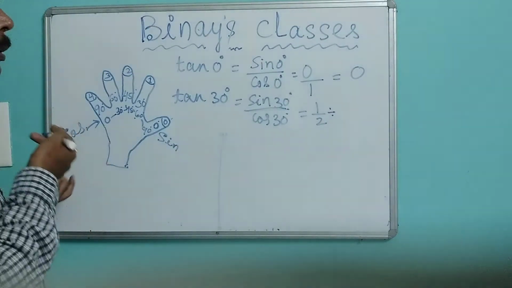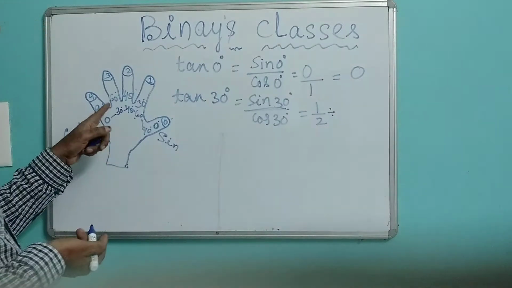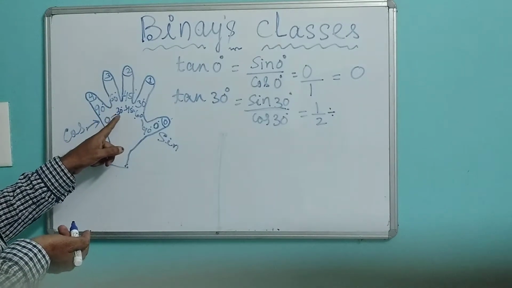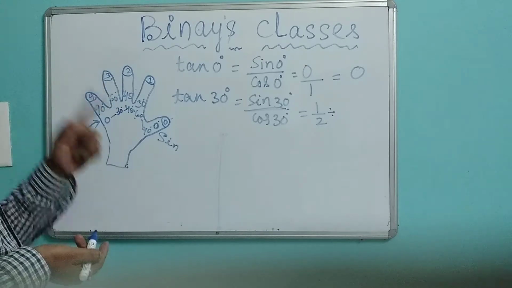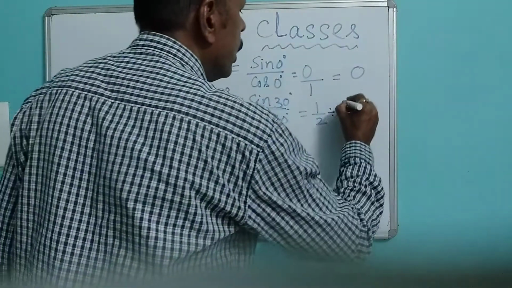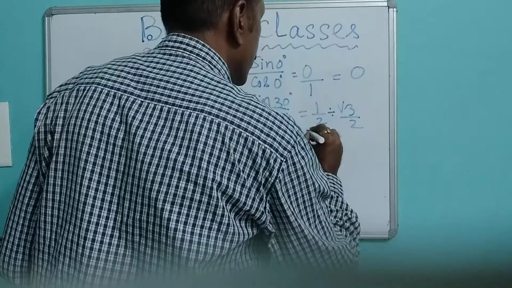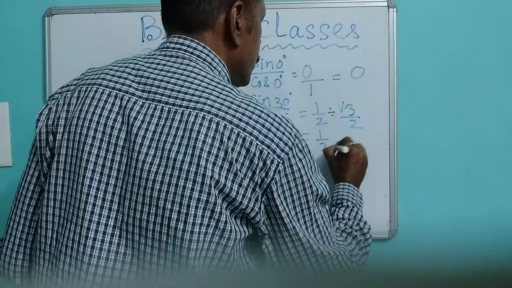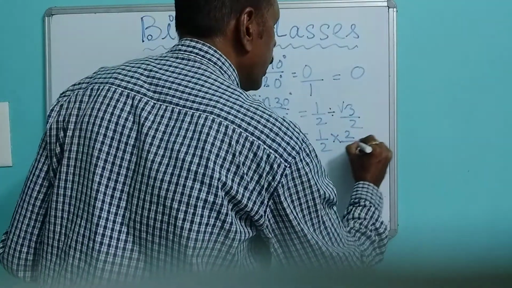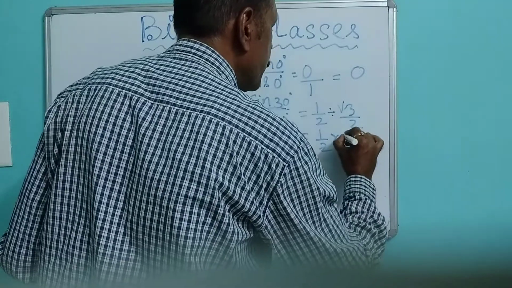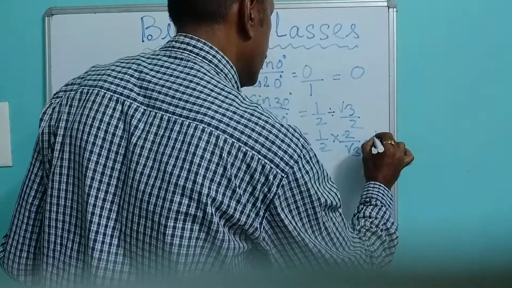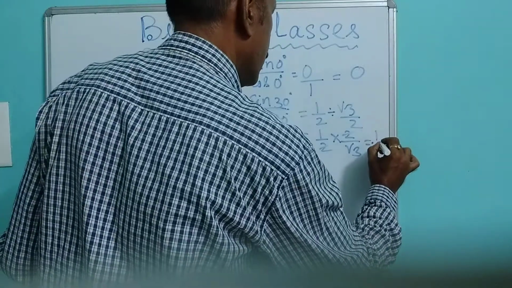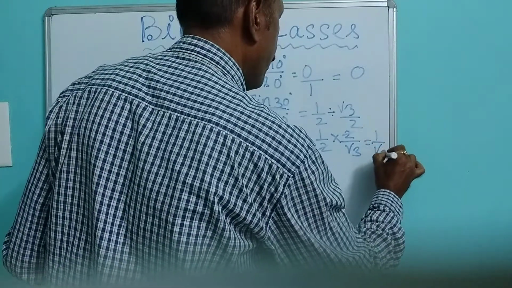As we have got, cos 30 is root 3 by 2, finger number 3, 3 by 4 root over. Root 3 by 2 gets reversed: 1 by 2 into 2 by root 3, the 2 gets cut, and you will get 1 by root 3.